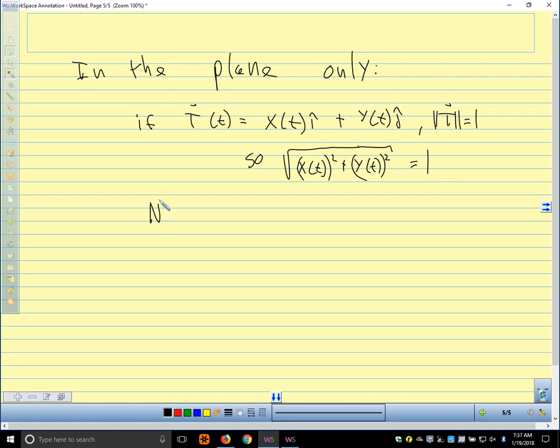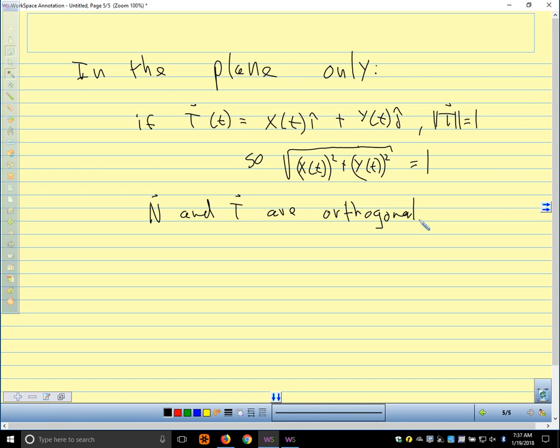And we know that N and T are orthogonal. So in the plane, we can think of T as a line, and our principal unit normal vector is a line. How do we find a line that's orthogonal, perpendicular, to another line? The slopes of perpendicular lines are negative reciprocals.